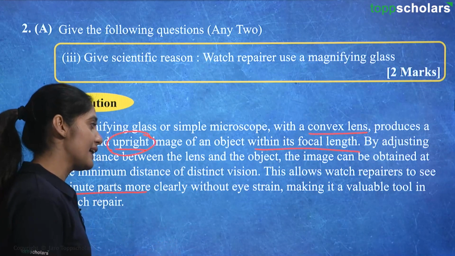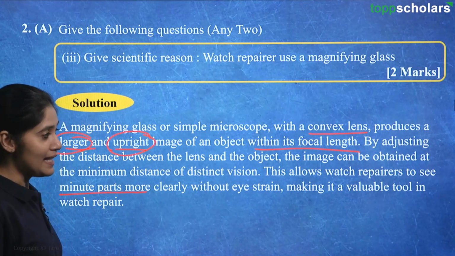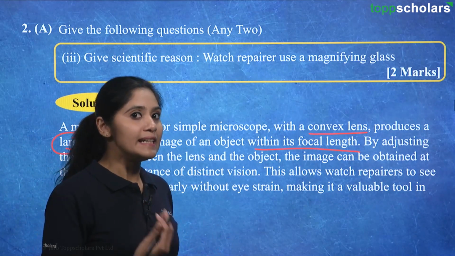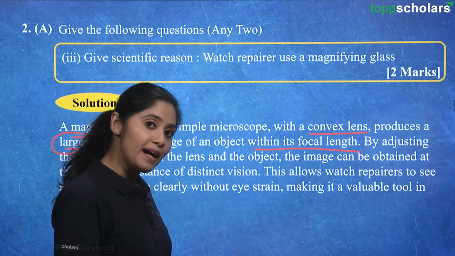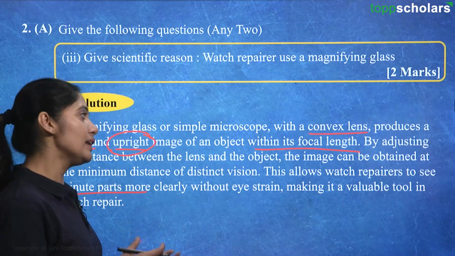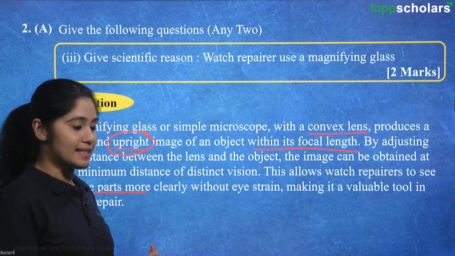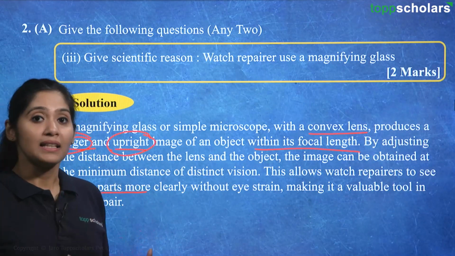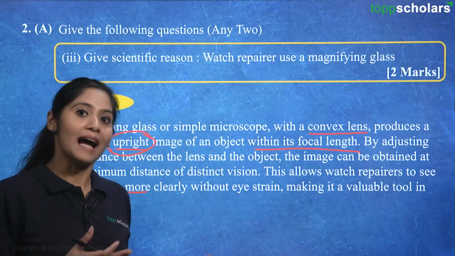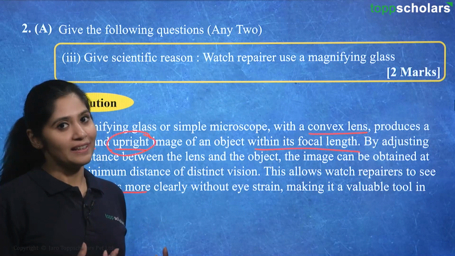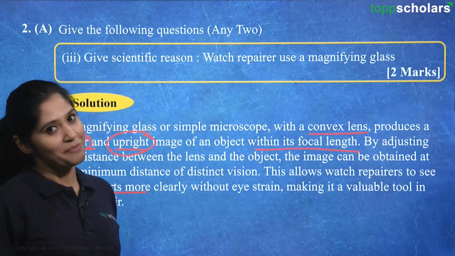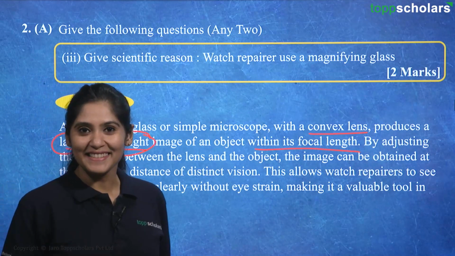So, we already guessed why they need a magnifying lens, because we know that the use of a convex lens is to magnify and get an upright image if we place the object within the focal length. So, by adjusting the distance, we can get a magnified image of the tiny pieces present in a watch. So, that is the reason why a magnifying glass becomes a very important tool for watch repairers. I hope that makes sense.